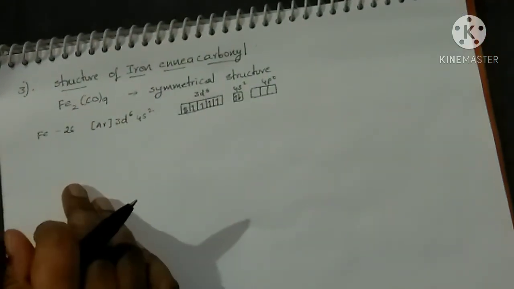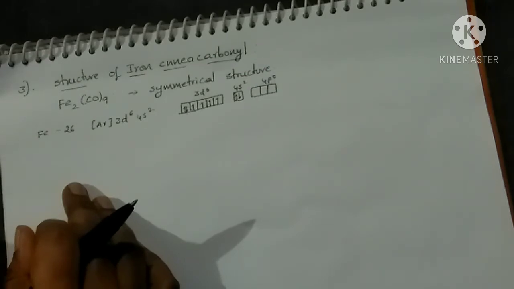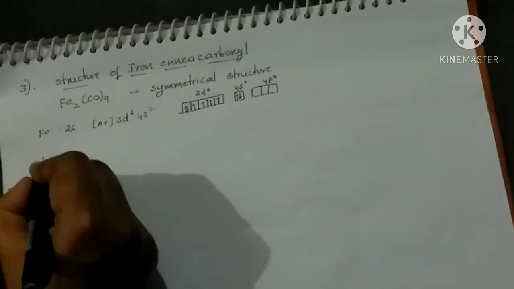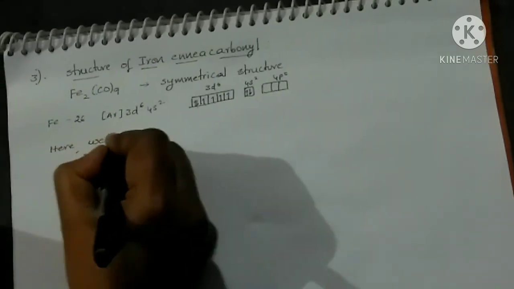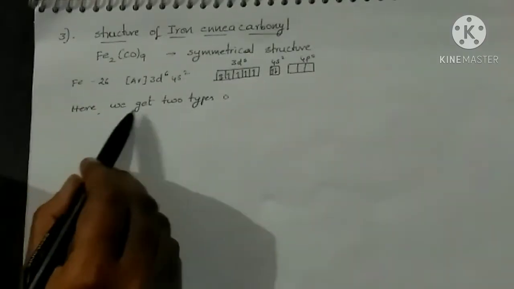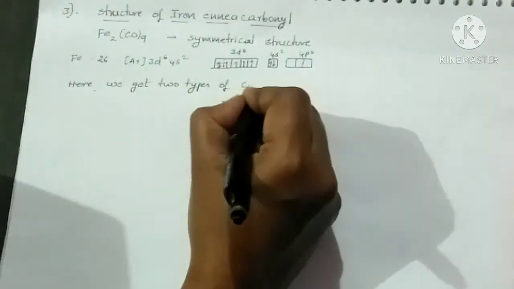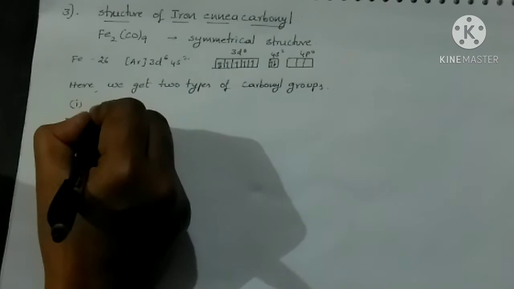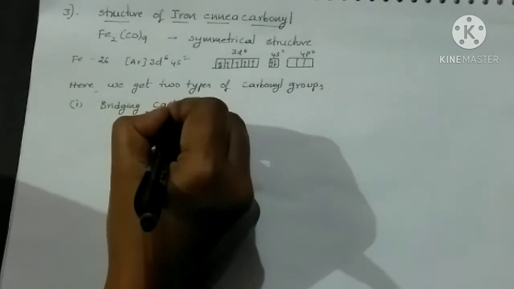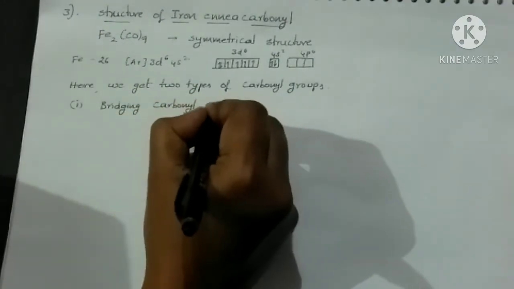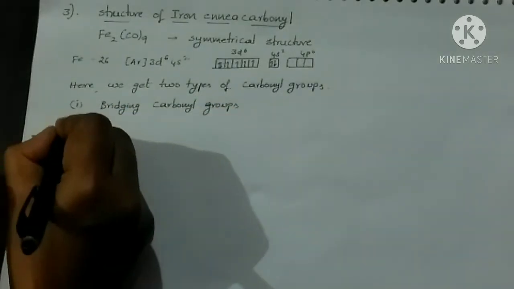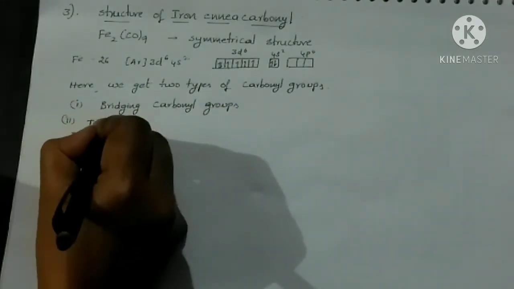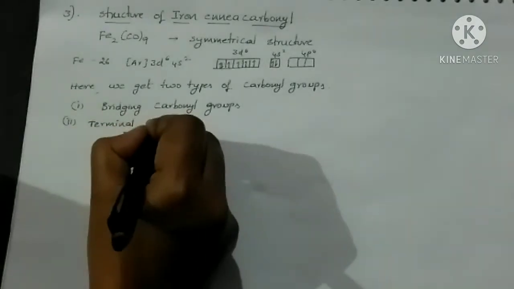And here the bond structure of iron nonacarbonyl shows 2 types of carbonyl groups. One is bridging carbonyl groups, and the second is terminal carbonyl groups.